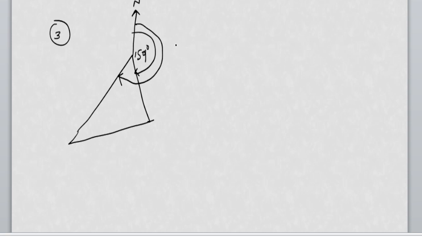This one they've given us as 215 degrees. Then we have another one from here to there, which is 41 degrees. Then we can say this is y, that is x, then we have p there.